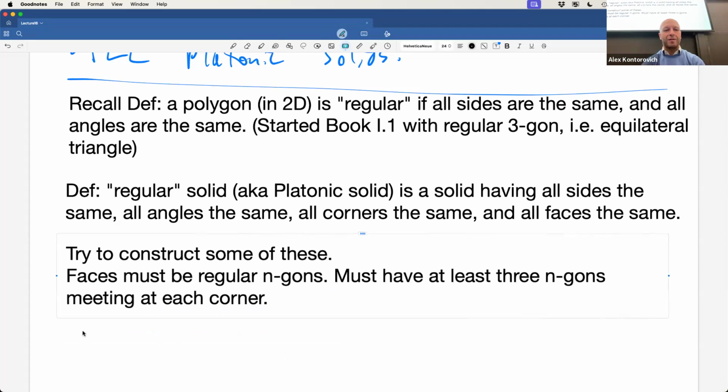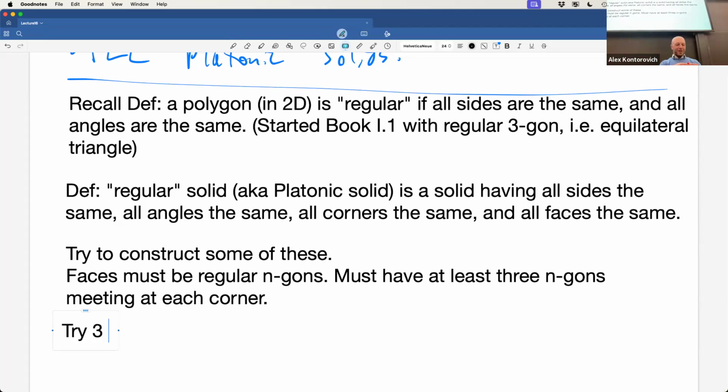So let's try 3 equilateral triangles, three regular 3-gons meeting at each corner. Let me try to use color so you can see. Toys are great, who doesn't like toys?